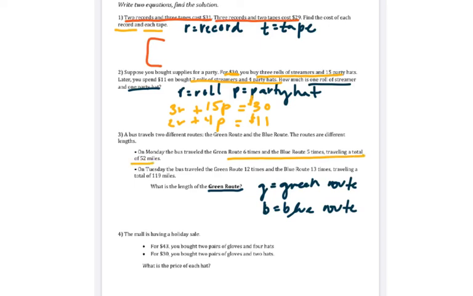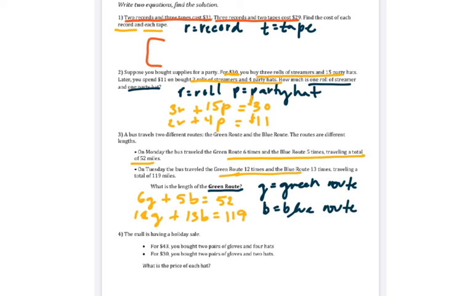So it says 6 times for the green route and 5 times for the blue route is a total of 52. 12 times for the green route and 13 times for the blue route is a total of 119. 2 equations with 2 unknowns. We can now type it into the calculator and get the solution to this system.